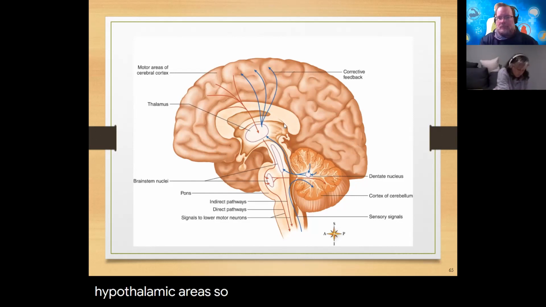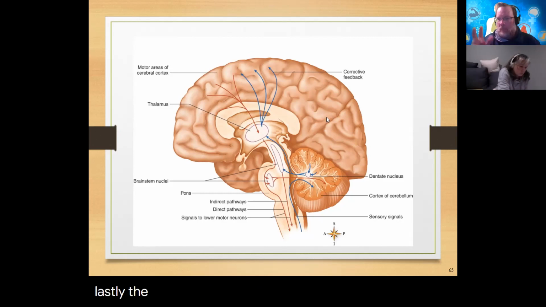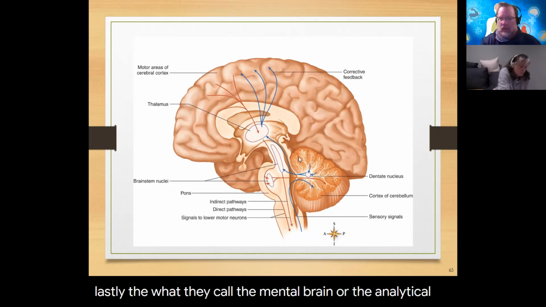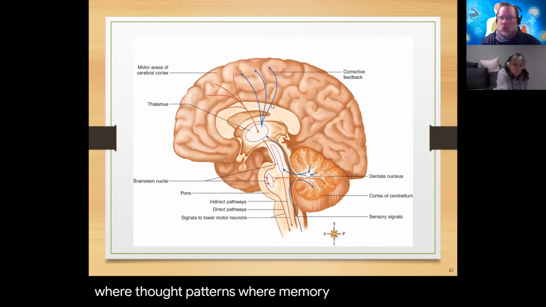So again, the emotional brain is what they call this region. And then lastly, what they call the mental brain or the analytical brain is the cerebrum. That's everything else. So this is where thought patterns, where memory is stored.